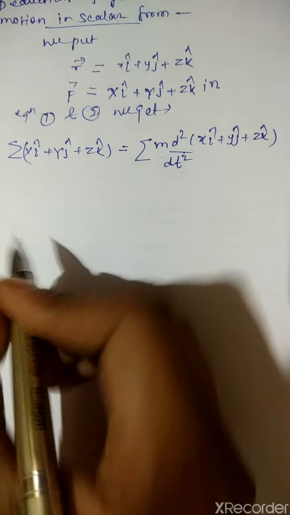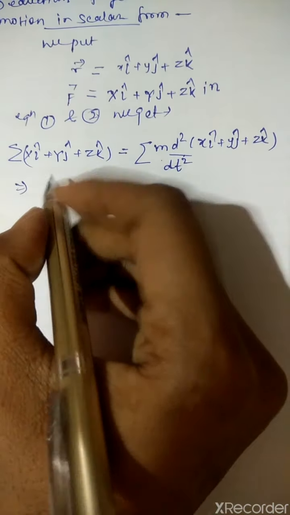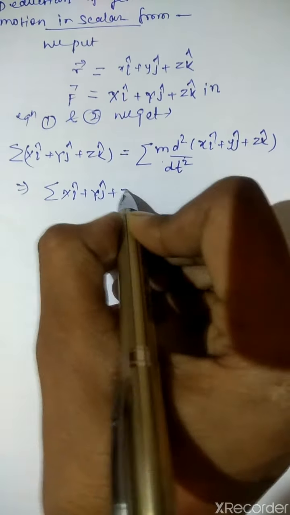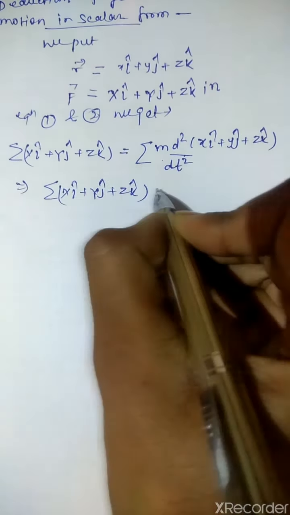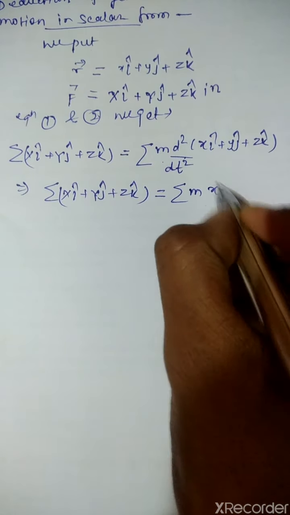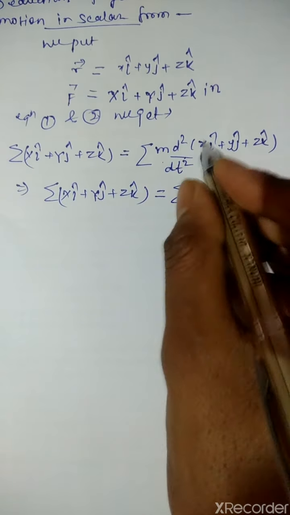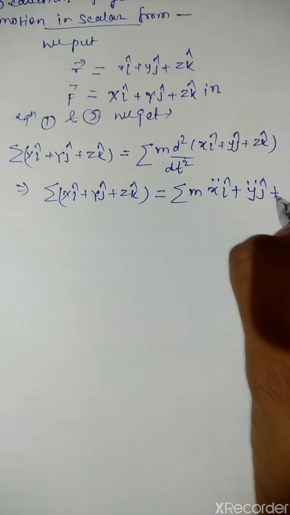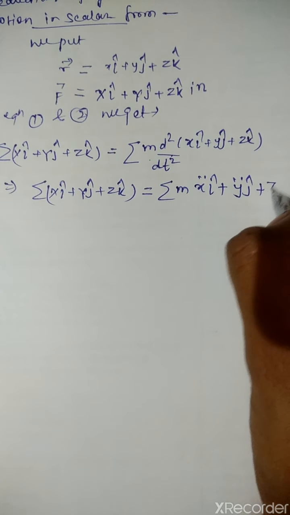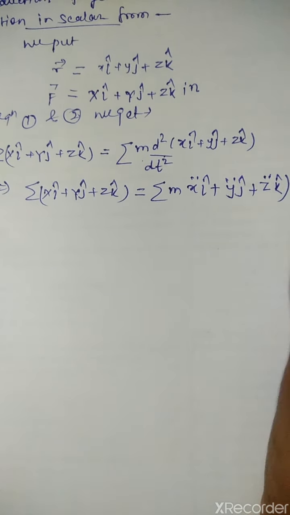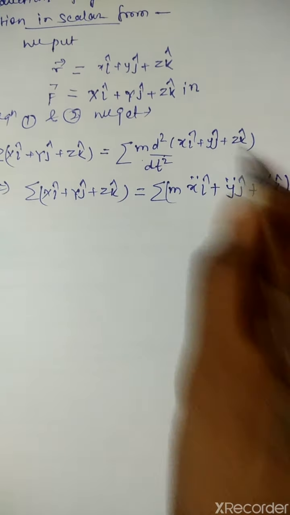By solving this equation we have sigma xi, yj and zk equals sigma m, and we can write this as x double dot i, double differentiation of x, y double dot j, double differentiation of y, and z double dot k, double differentiation of z.